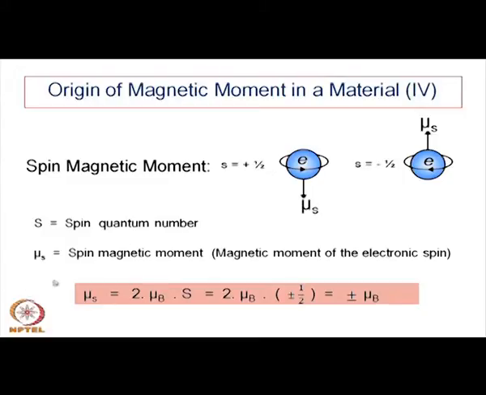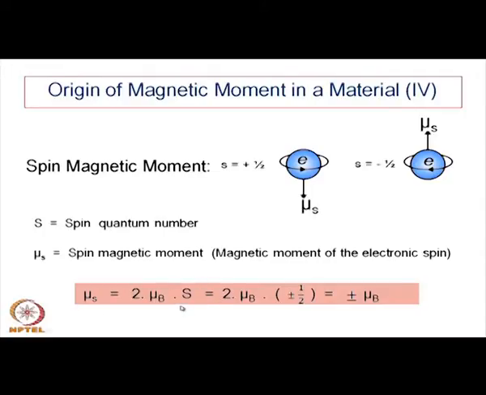Mu s, once again, just like mu orbital or mu L which we used earlier, mu s is the spin magnetic moment, the magnetic moment arising from the spin of the electron, and that can be expressed as mu s equals 2 into mu b, the Bohr magneton, multiplied by s.